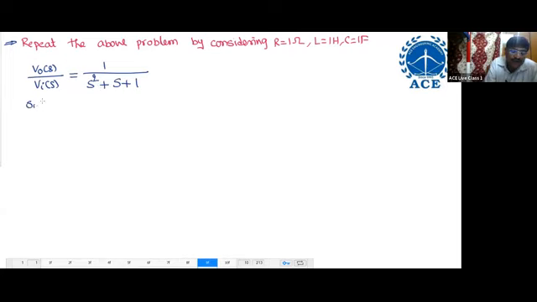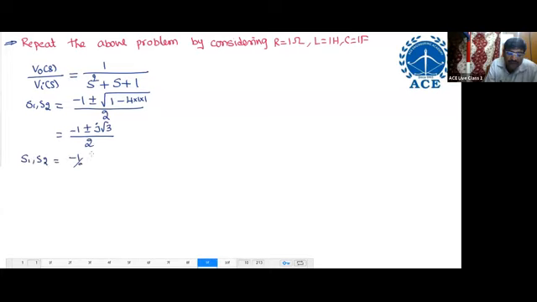S1, S2 equals minus B plus or minus root of B square minus 4AC by 2A, which gives minus 1 by 2 plus or minus j root 3 by 2. That means the pole locations are S1, S2 equals minus 1 by 2 plus or minus j root 3 by 2.